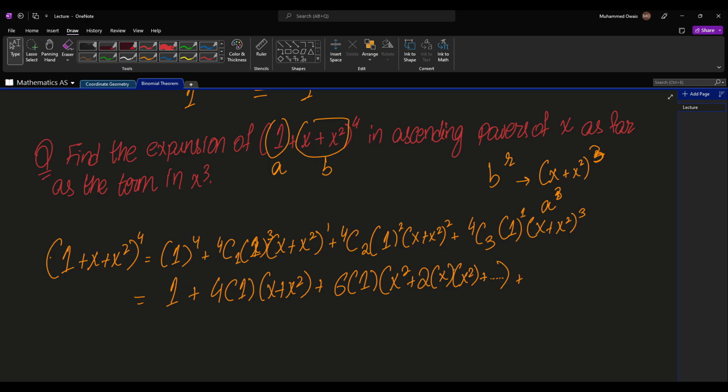Now then, 4C3 will give us 4 into 1. Now if I expand this, at the start it will say x³ plus, if you know this, it gives us 3a²b, right?